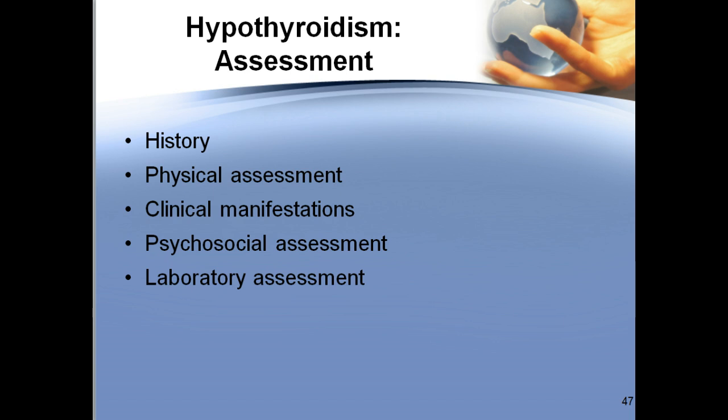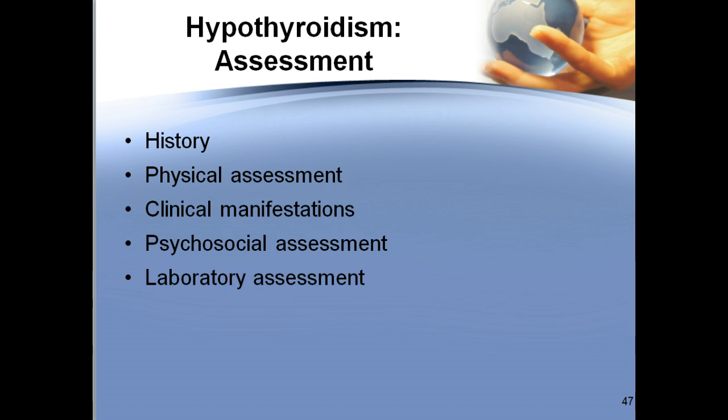So you want to do your physical assessment, and usually the person has coarse features. A lot of times they have edema around their eyes and face, a blank expression, and for whatever reason, a thick tongue. The patient's overall muscle movement is slow.